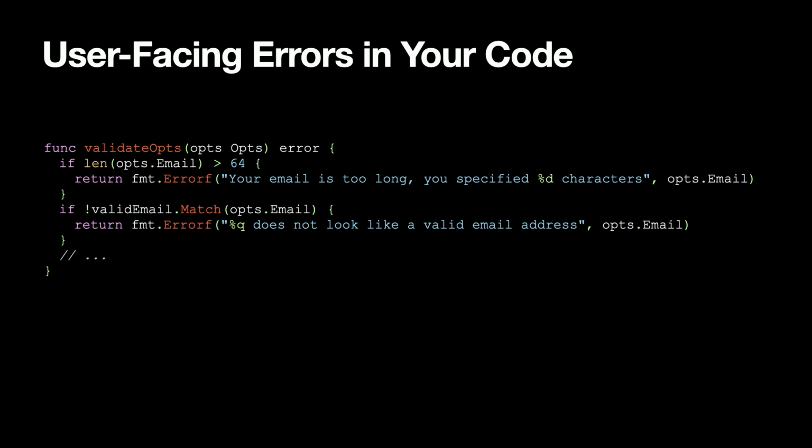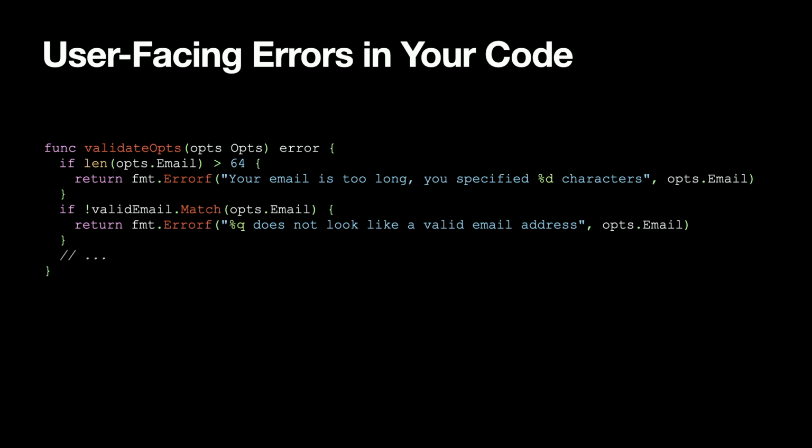Very common thing to do in programs, right? Maybe you need to make sure the email address isn't too long, that it can fit into your database. Maybe you have to make sure that it looks like an email address by matching it against a regular expression, things like that. And when you're first starting to write code for this, you will typically use the standard library methods for working with errors like fmt.Errorf to print out errors when the input isn't valid.